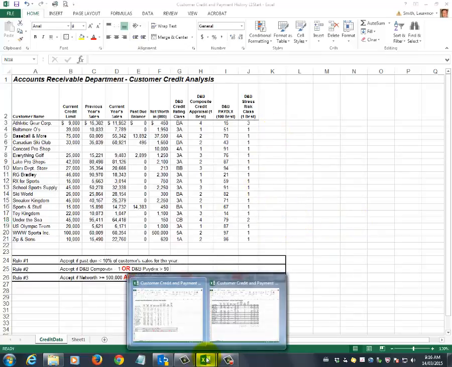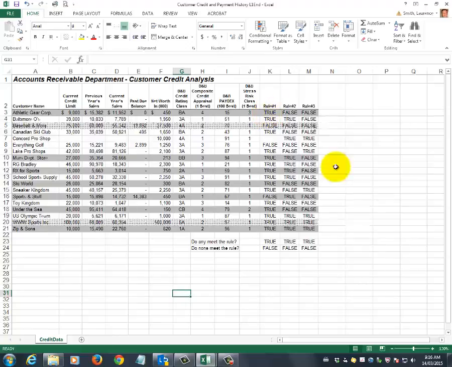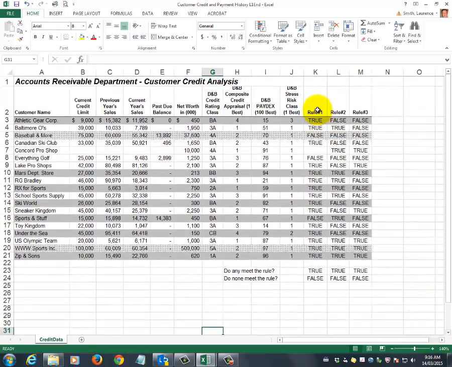I'm going to look at the final spreadsheet. There it is. That's what we're going to aim for. Rule 1, in this particular case, this company, it's true that they meet rule 1, it's false that they meet rule 2, etc. And you'll see that we have formulas up there that try to figure out if this is the case.